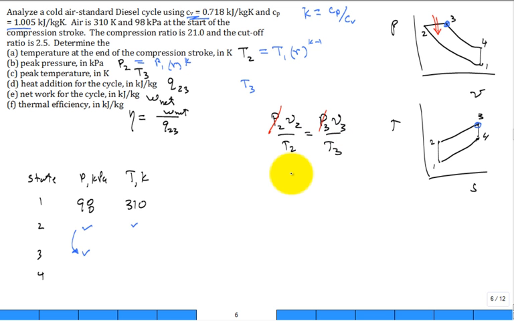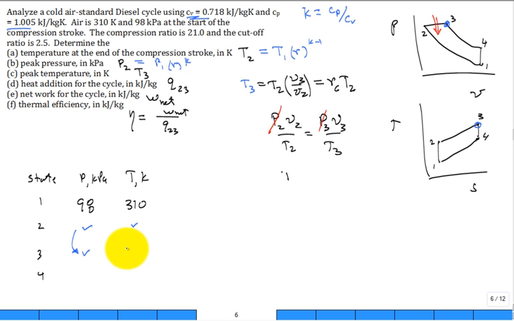And so the temperature at 3, maybe I just write it up here, is equal to the temperature at 2 times V3 divided by V2. So it's equal to R sub C, the cutoff ratio, times the temperature at 2. A little bit of work to establish that relation, true?